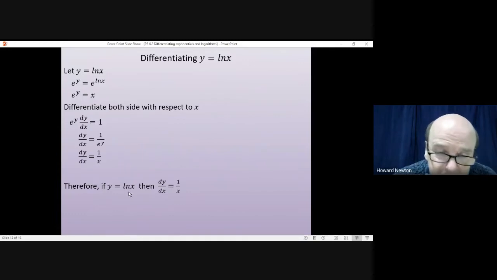So if I differentiate ln x, log to the base e of x, I get 1 divided by x. The really significant thing about that is when we do integration, because it means if I integrate 1 over x, I get ln x. And that we use in all sorts of ways when we do integration.